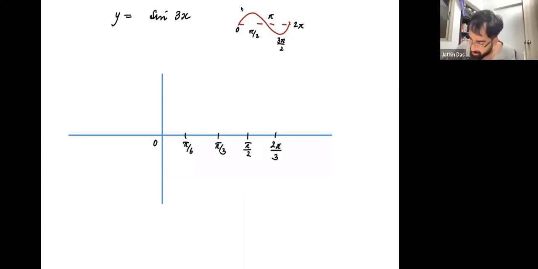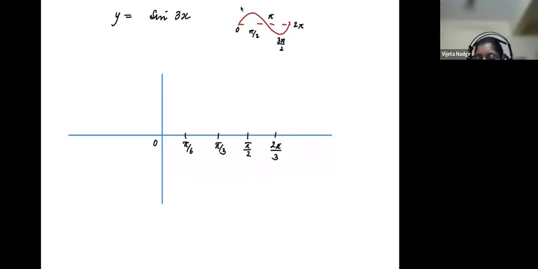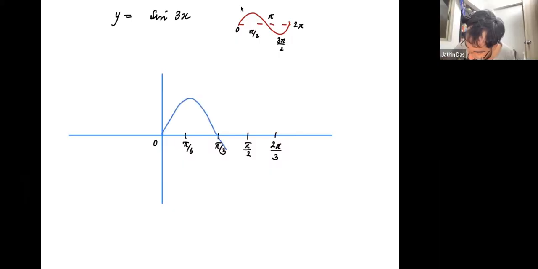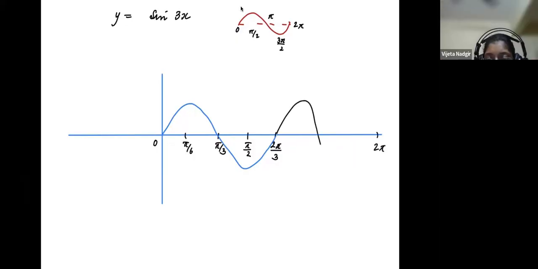So this is basically 120, and 120 will be the time period. So it will be going like this. And when it reaches 2 pi, definitely 3 cycles will be done.